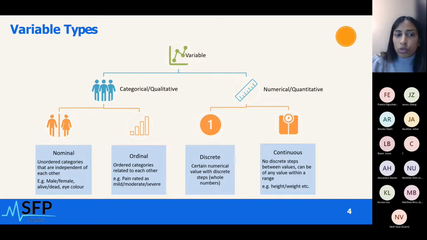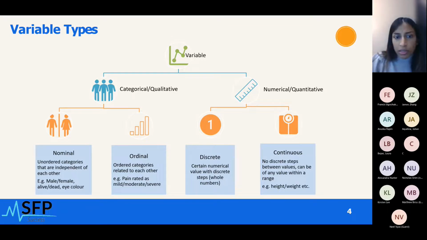Another type of data is called ordinal, and that is when you can order things according to size or severity, and that's a scale, but it doesn't mean that you can quantify a number. So pain rated as mild, moderate, severe, or small, medium, large, those would be examples of ordinal. There's a clear order, but you can't assign a number to it.